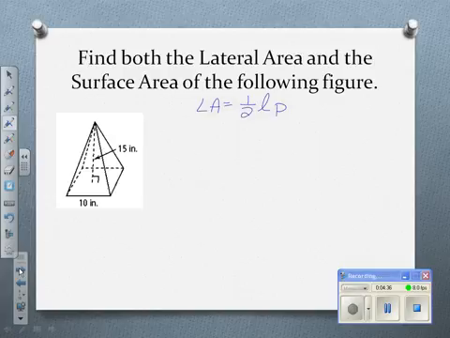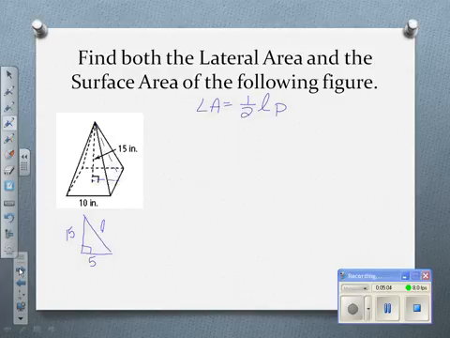Okay, because what we have is a right triangle here. And if this is a square pyramid with my right triangle, I've got a height of 15, and this base is half the side of my square, so it's going to be 5. So I'm going to use the Pythagorean theorem to find my slant height.